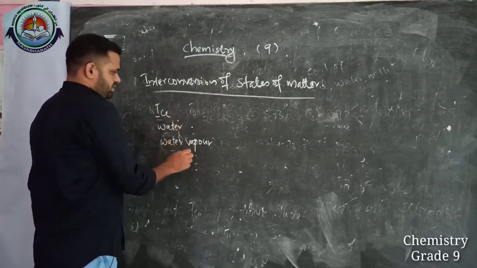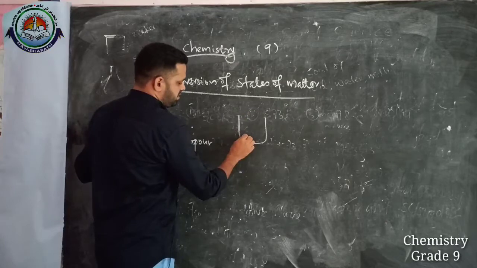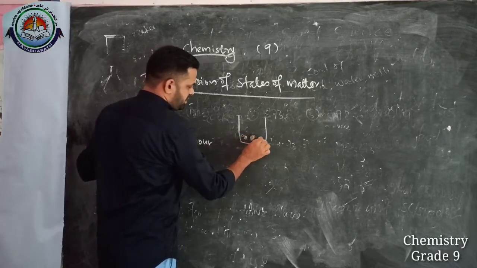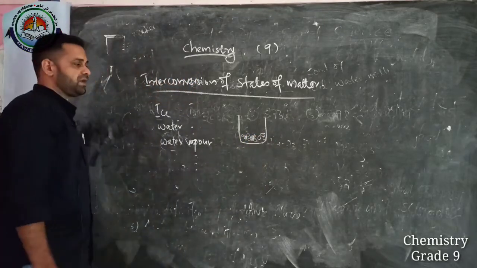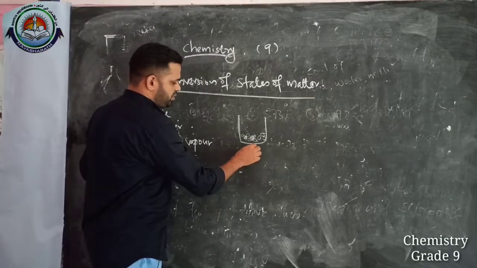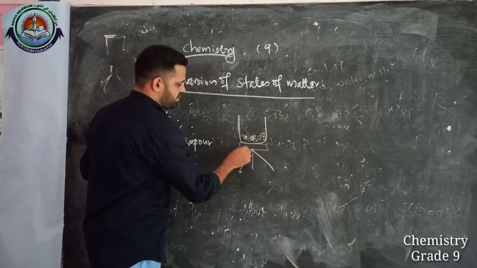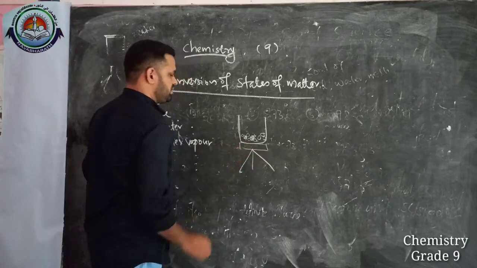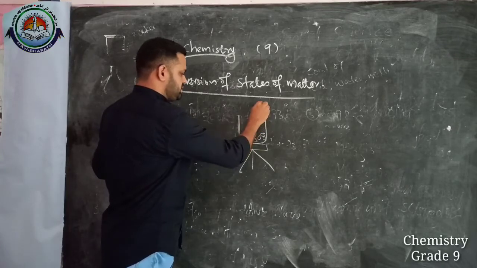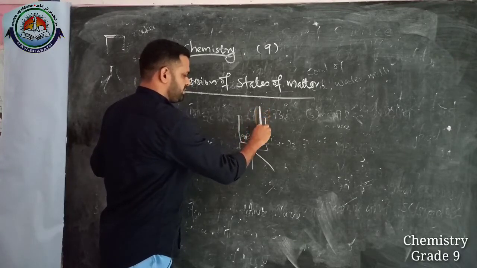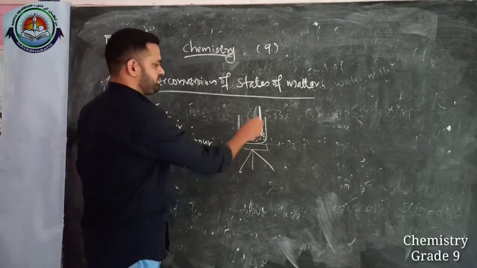So when we take a beaker and take some pieces of ice cubes inside it, and then you heat it by placing it on a tripod stand, and also you insert a thermometer in which the bulb of the thermometer is touching the ice cube.